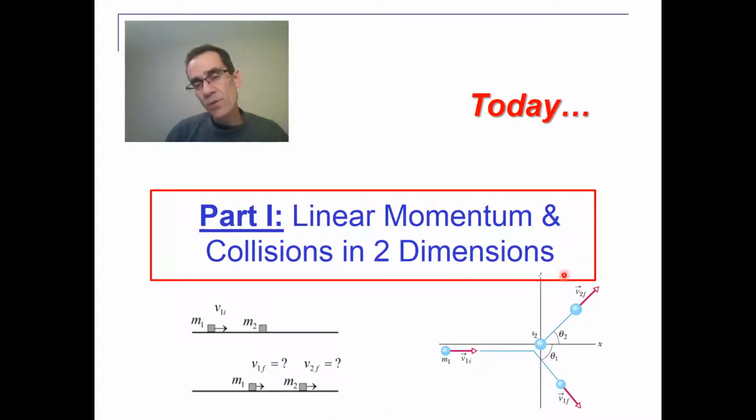Now, what we are going to introduce today is something a little more spacious. We've been thinking about billiards in the context of the one-dimensional collision, but you guys actually know that in real billiards, things are happening on a table. So we actually have a two-dimensional collision.